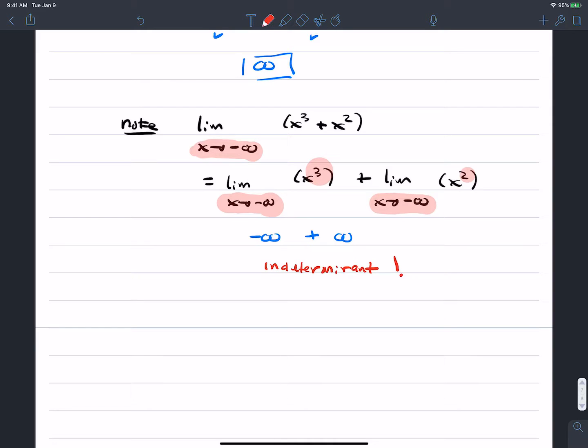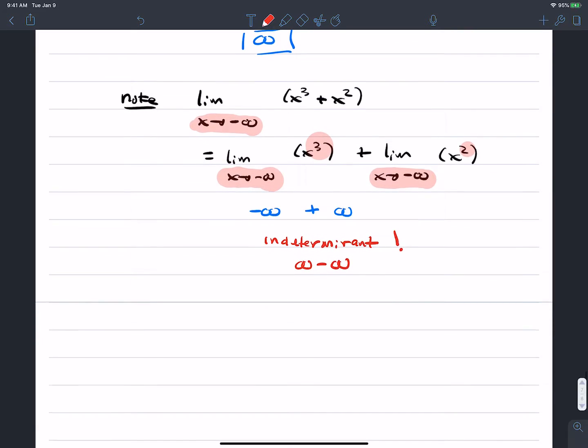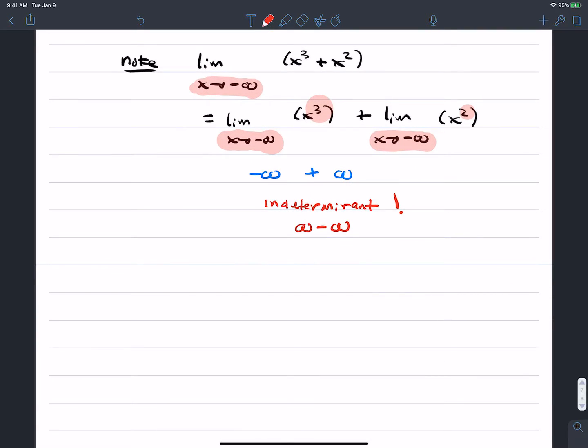We wrote this down last time, and we know that infinity minus infinity was indeterminate. And this is actually the same thing. So the question here is, what do you do in this situation when you can't determine? Well, I'll tell you what we always do. We use some algebra here.